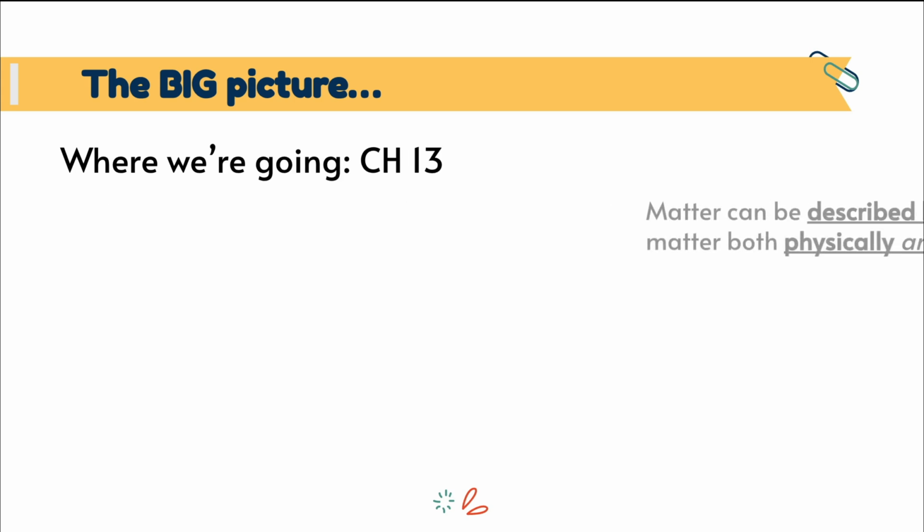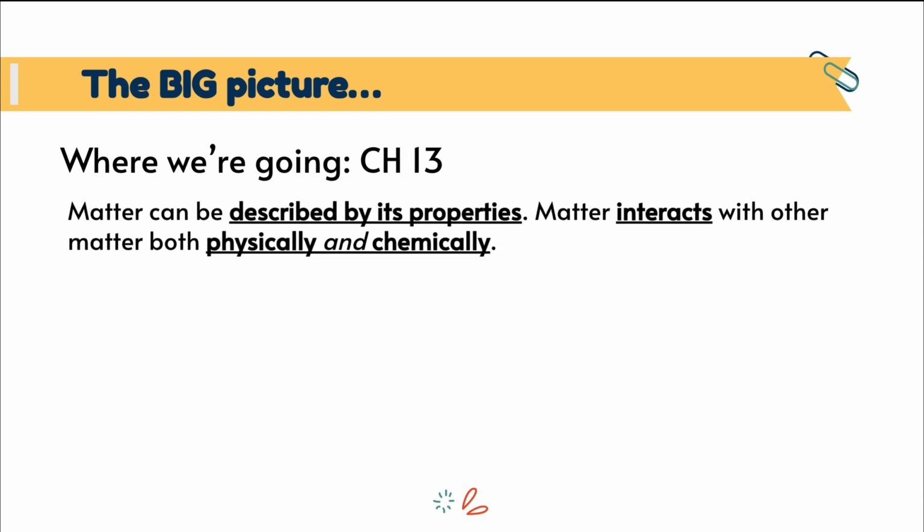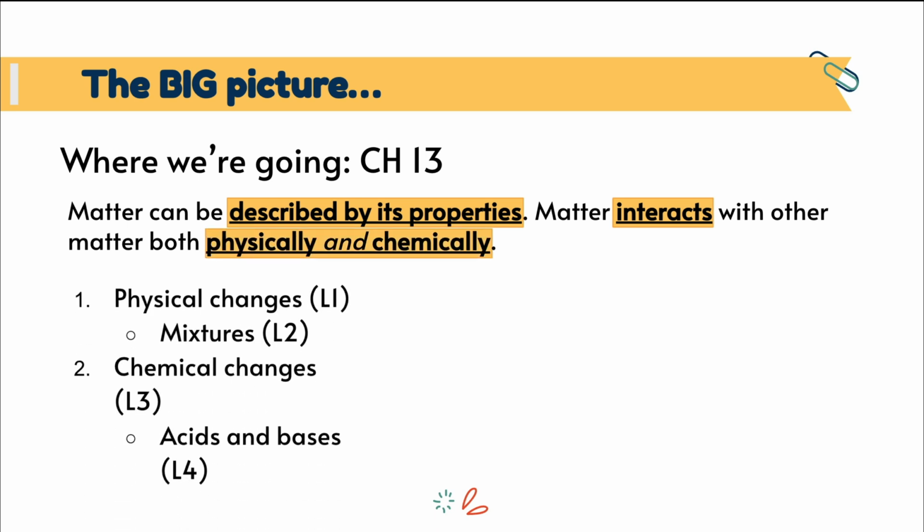And in chapter 13, what we're going to see is that matter can be described by its properties, and matter interacts with other matter, both physically and chemically. So if you look at the overview of the 4 chapters we'll cover, we'll see that 2 of them deal with types of changes, physical and chemical changes.